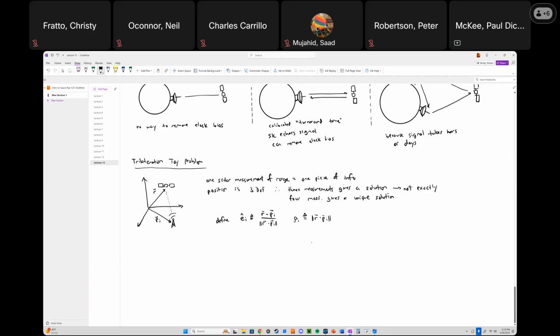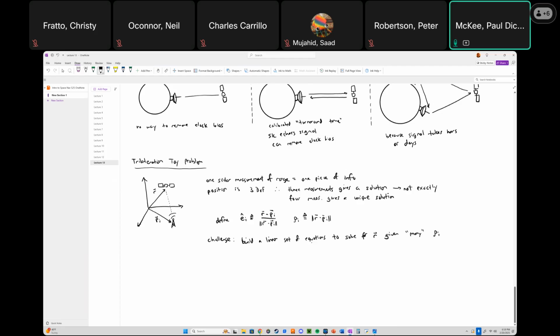Okay. So the challenge is this. I want to give everybody about 5 minutes to try their best. Build a linear set of equations to solve for R given many ranges.